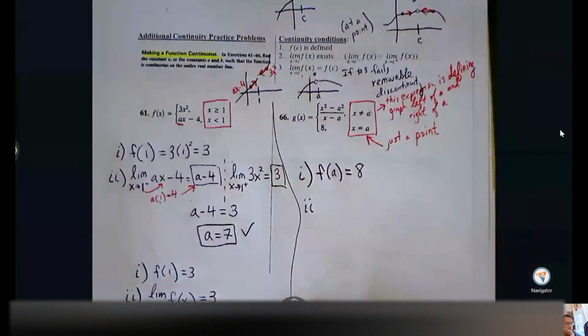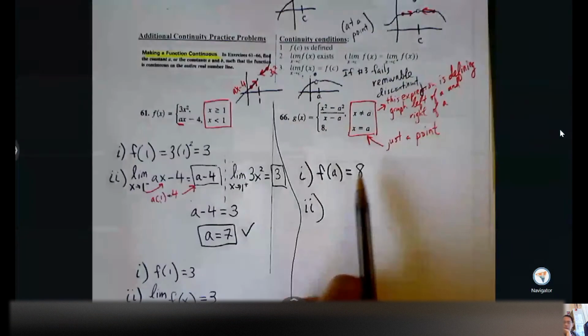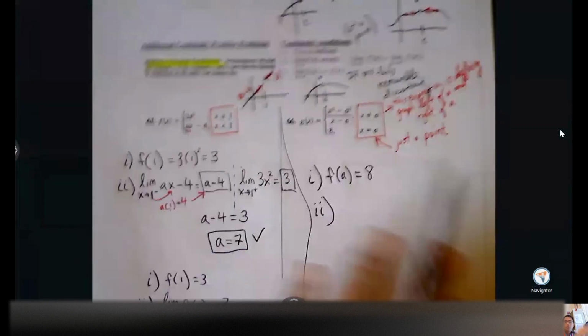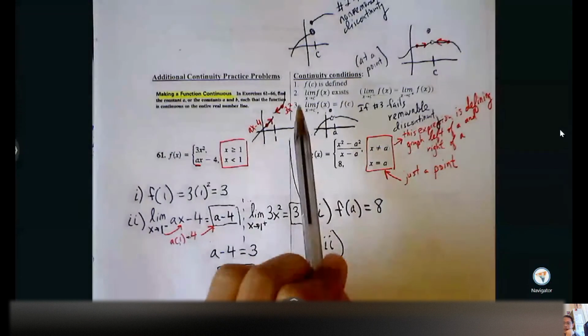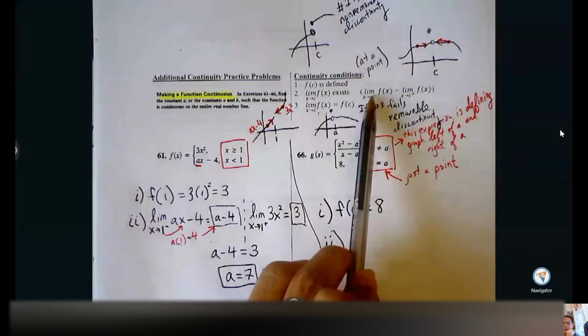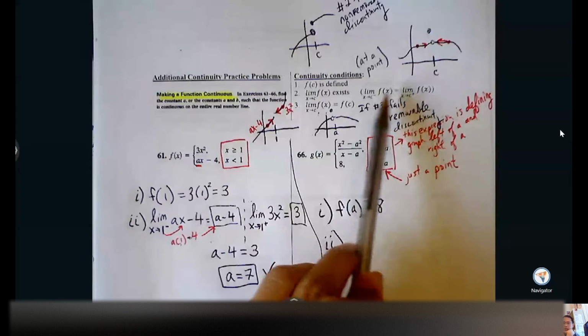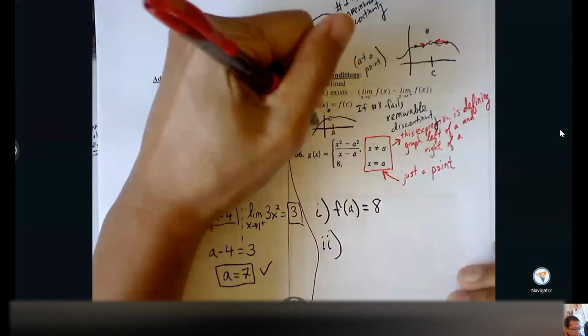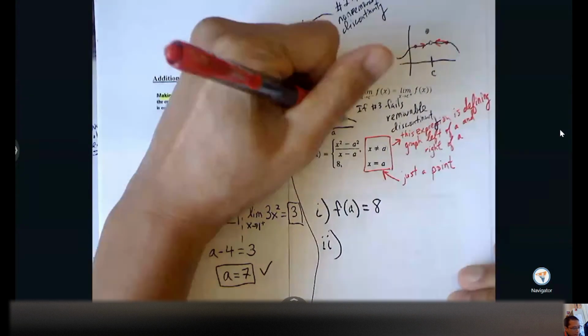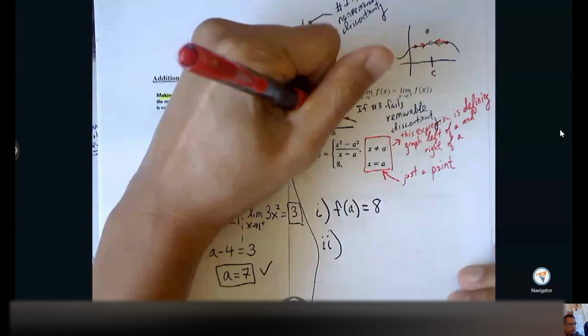Second condition, does the limit exist? So now my question here is, can we rely on just one limit statement, or do we need two one-sided limit statements? What do you guys think?